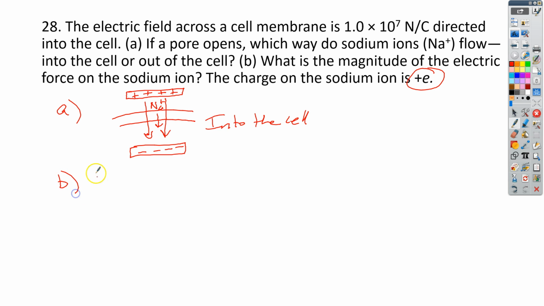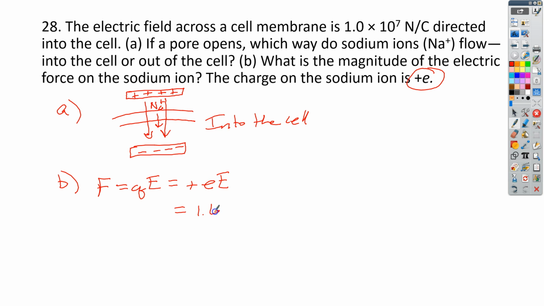For letter B, they want to know what is the magnitude of the electric force. So once again, just like in the last problem, force is equal to Q times E. And here our Q is positive e, where e stands for the elementary charge.